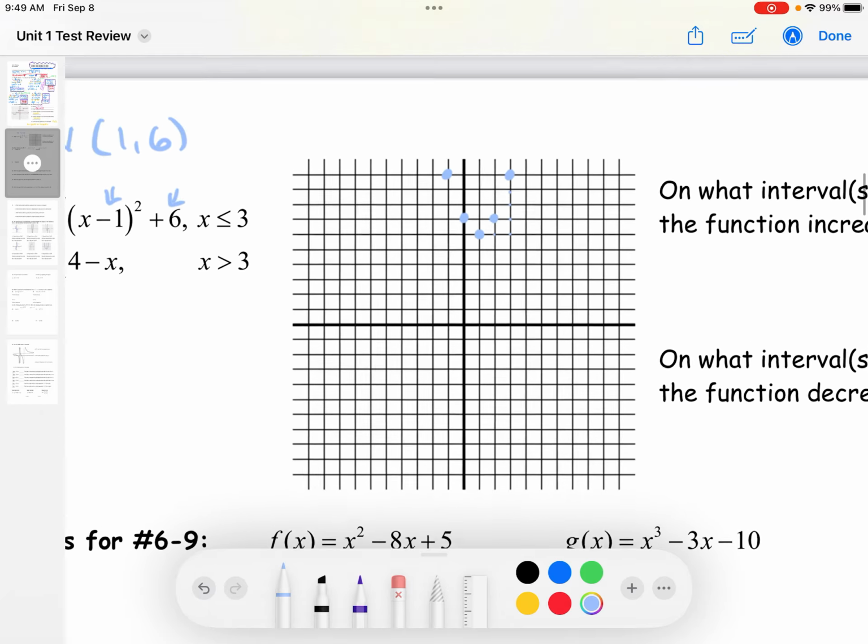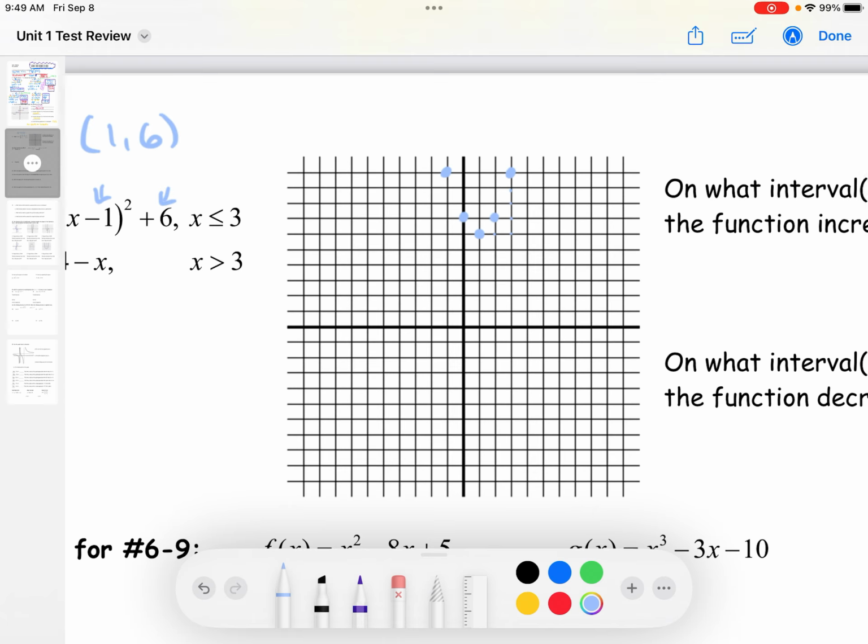Now we are only using the values here that are less than or equal to 3. So we use a solid dot on x equaling 3.